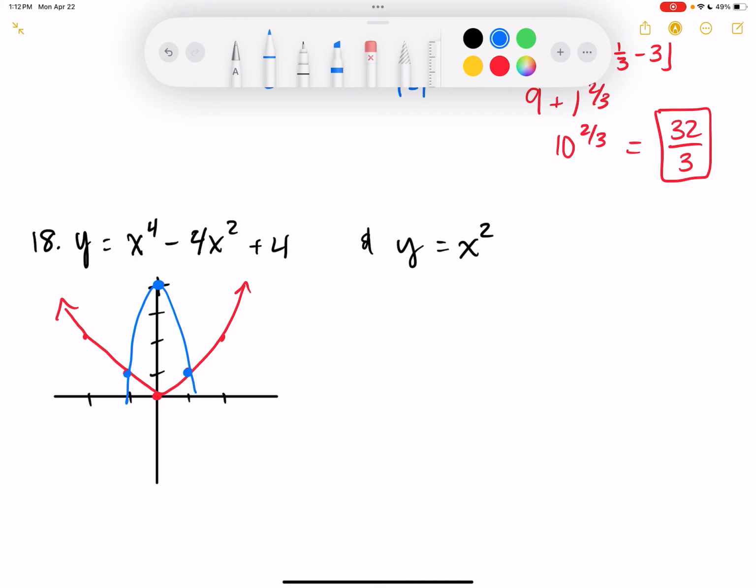So notice what happens with this graph. It looks funky, it made like a W. This is the middle of the W. Basically this would just keep going, but I only care about this middle region here. So your top one would be y is x to the fourth minus 4x squared, and this would be g of x. And this would be from -1 to 1.